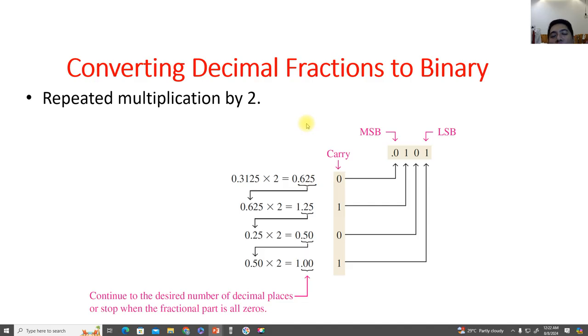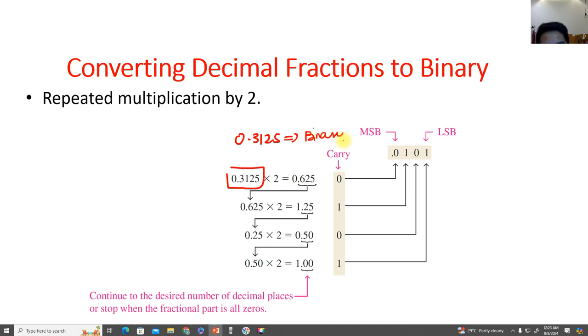So, if we are going to convert decimal fractions to binary, we are going to repeatedly multiply by 2. For example, if we are going to convert the decimal 0.3125 into binary.